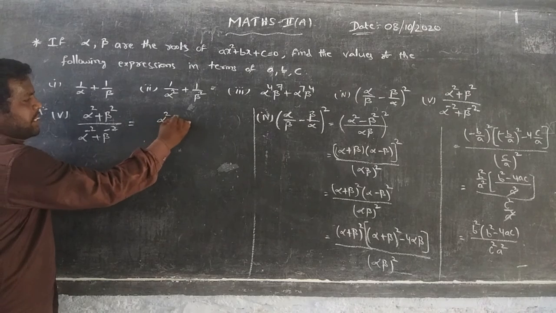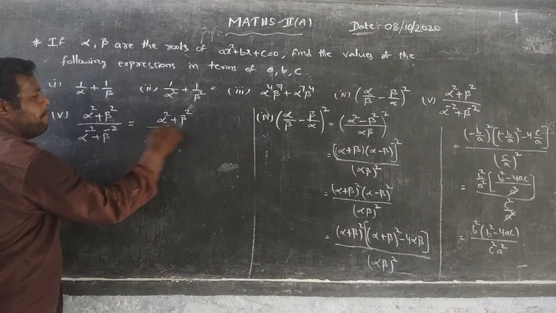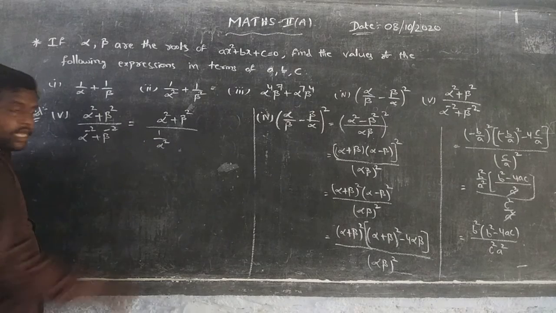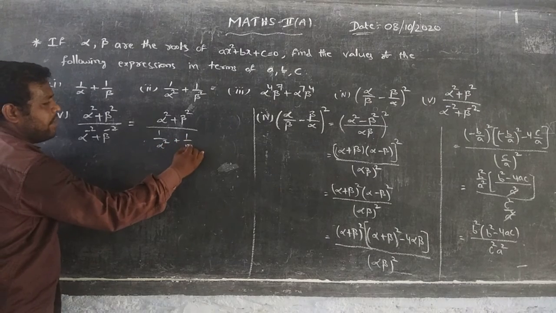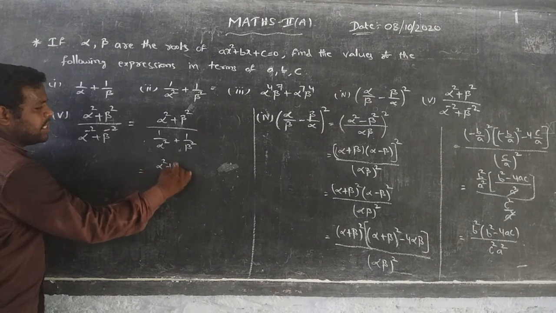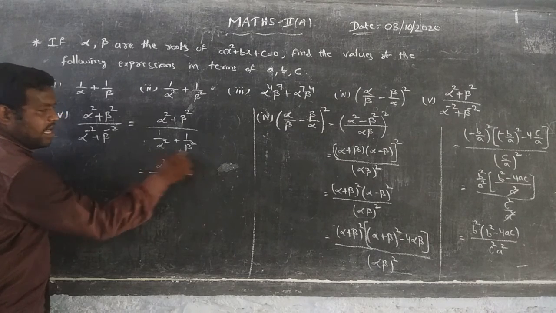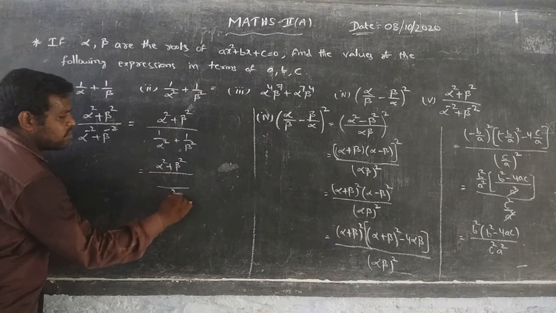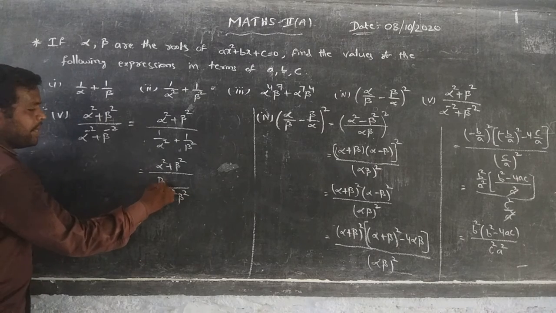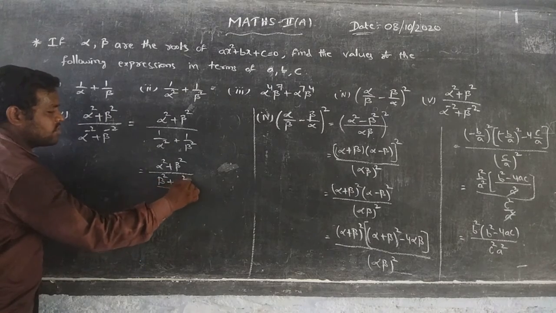This can be written as alpha square plus beta square by 1 by alpha square plus 1 by beta square. That equals alpha square plus beta square by, here the LCM is alpha square beta square. The numerator comes out beta square plus alpha square.